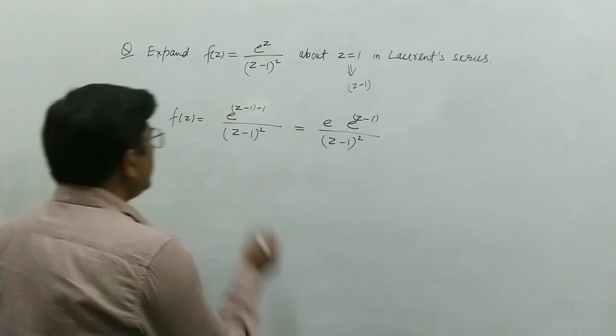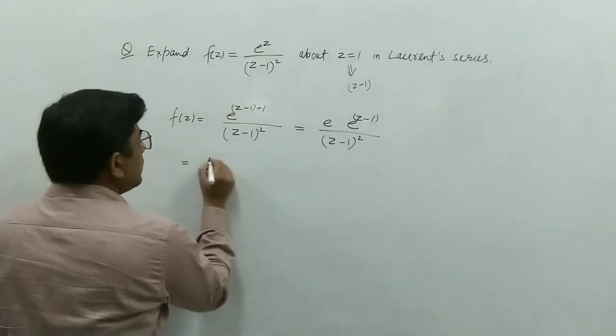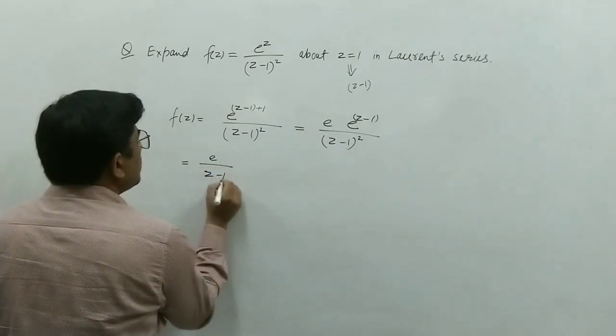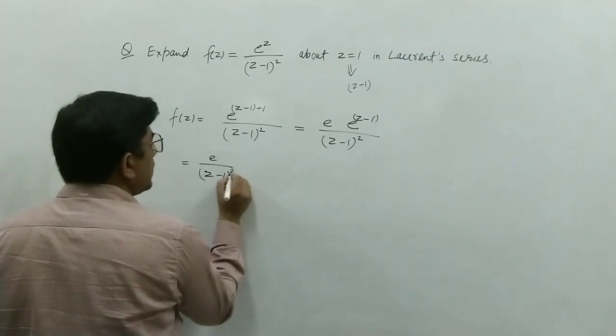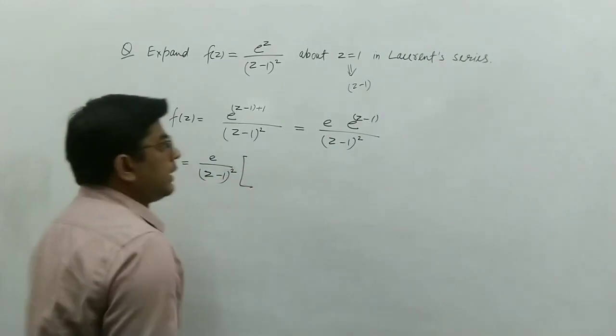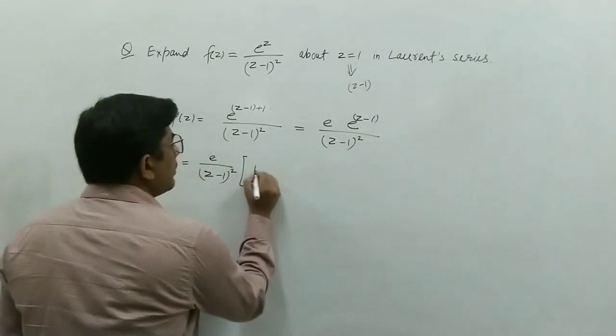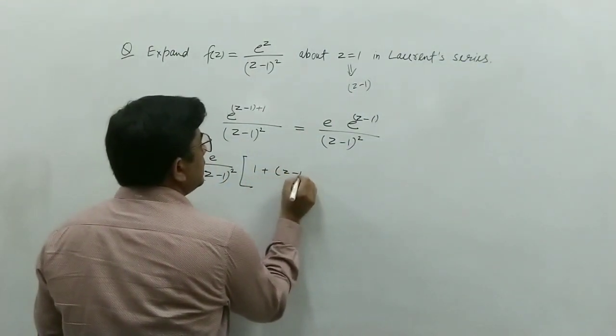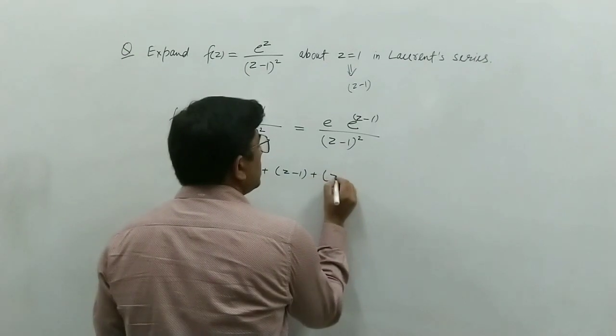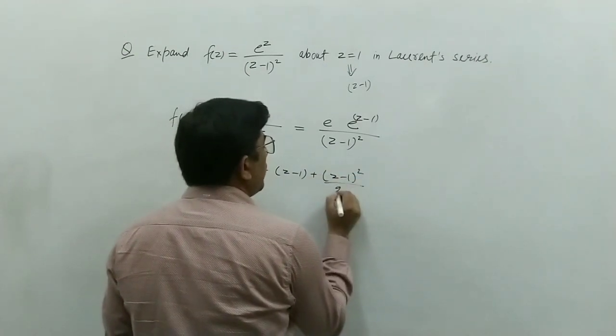So if we write the expansion, this term we can write here, e upon z minus 1 square, and we can write the expansion of e raised to power z minus 1. This will be 1 plus z minus 1 plus z minus 1 square upon 2 factorial plus z minus 1 cube upon 3 factorial.